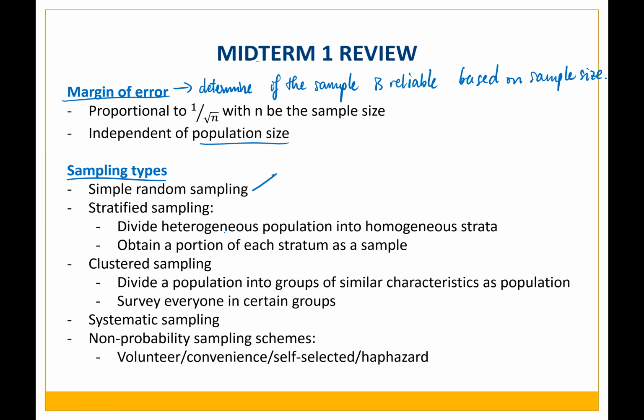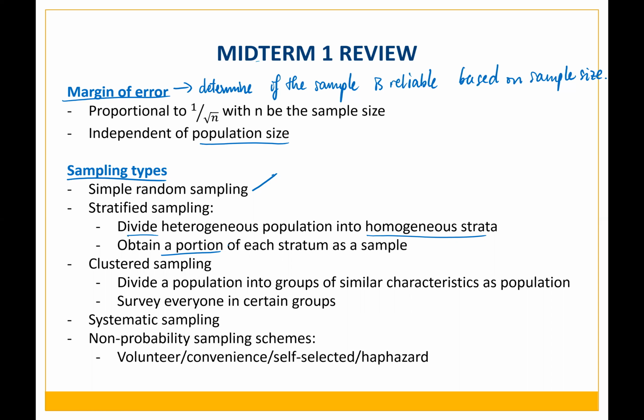So that is when you have divided it into groups called strata and pick a portion of each. Another one is called cluster sampling, when you have divided a population into smaller groups, and you just survey everyone in those certain groups that you pick. So say you divided it into 5, but there's not that much difference among all of them.